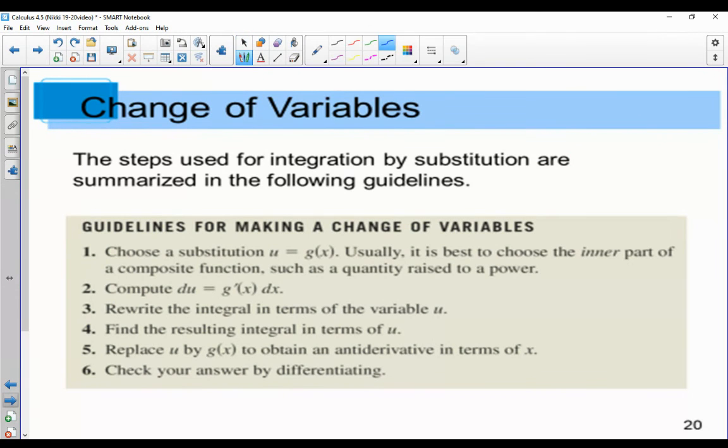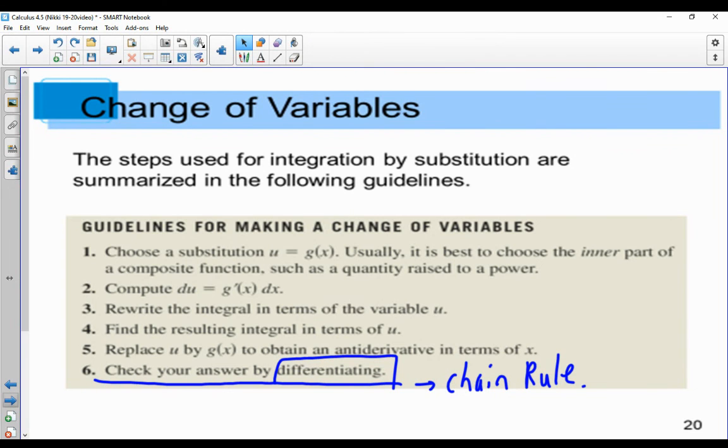And I do also want to let you know, if you ever have any doubt about if your answer is correct, you can always check by taking the derivative of your answer. You just got to do the chain rule on it. And if you do the chain rule and you get the same answer that you started with at the very beginning, you know you have the right answer.